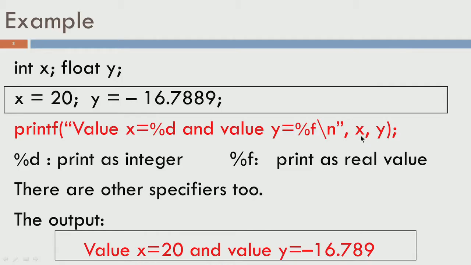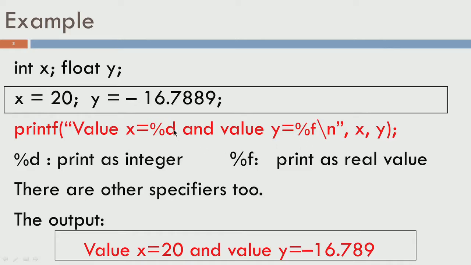In this case, it is a comma separated list of two variables, namely x and y. And when you look at this one, there is the string value space x symbol equal to, and then there is something called %d, and then there is some other string up to here %f backslash n. So, %d says that whatever variable it is going to get, it should print it as integer, and %f indicates that whatever it is going to get as a variable, it is supposed to be printed as a real value.